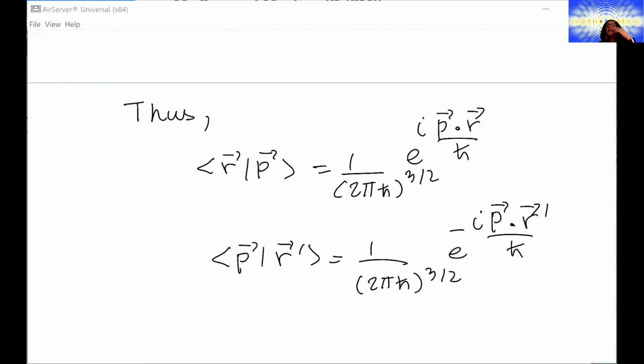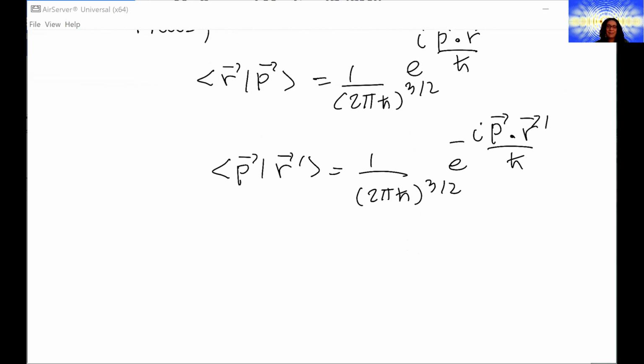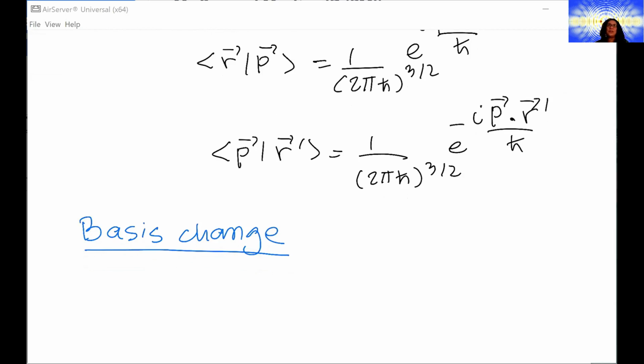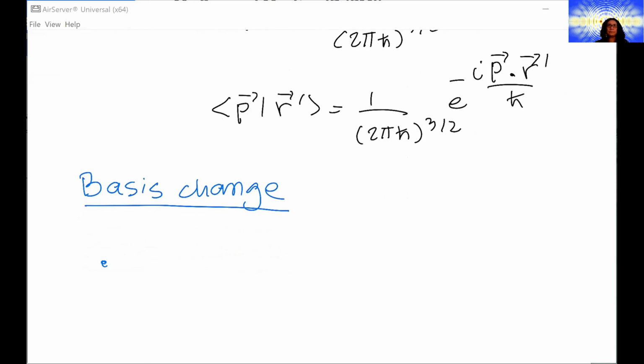Okay, so this brings the topic of basis change, because that is something that is happening. How do we do basis change? This is quite useful, especially using these closure relations. I mentioned a lot when I introduced them for the first time that they're quite nice for basis changes. And what we're going to do now is see some examples. So now we want to change from r to p.